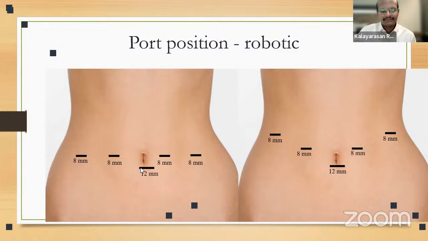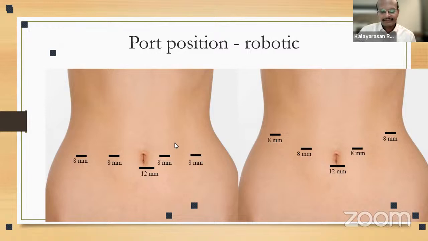And then one assistant trocar is placed below the level of umbilicus. And we usually use this arm, one on the left side of the umbilicus, for the camera. But depending upon the patient anatomy, this can be moved here also. So that is primarily when we use scissors and the bipolar forceps.